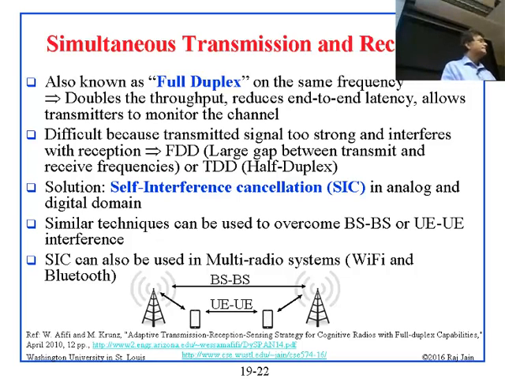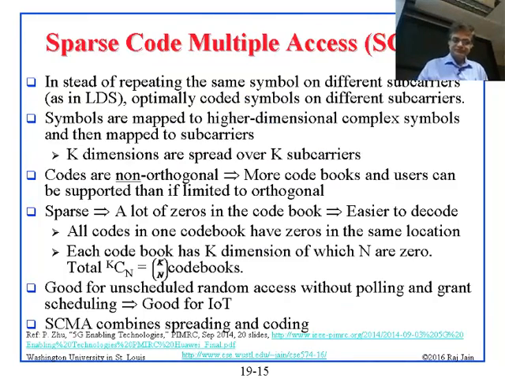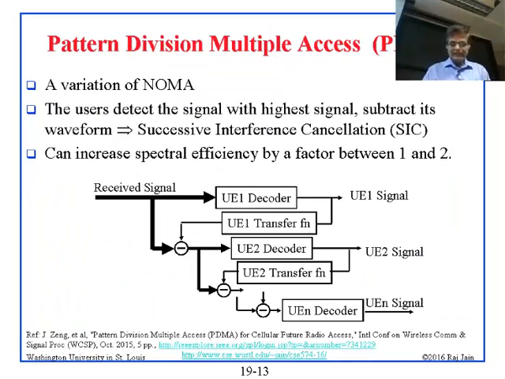It's the same thing as PDMA. Now, okay, it is a different concept from PDMA. PDMA was pattern division multiple access, where every user subtracts out other users' signals, not their own.